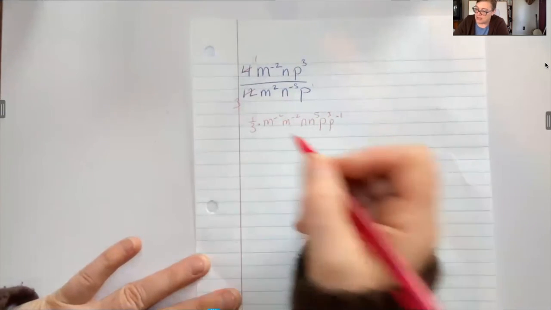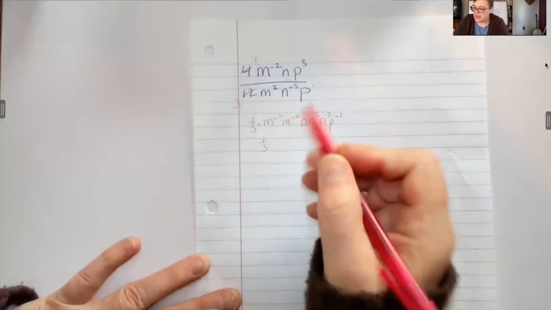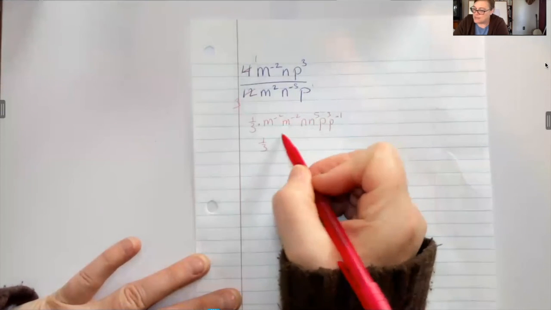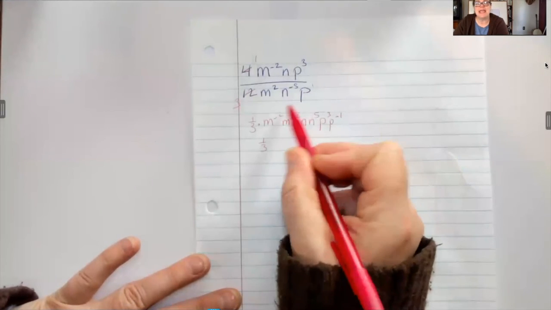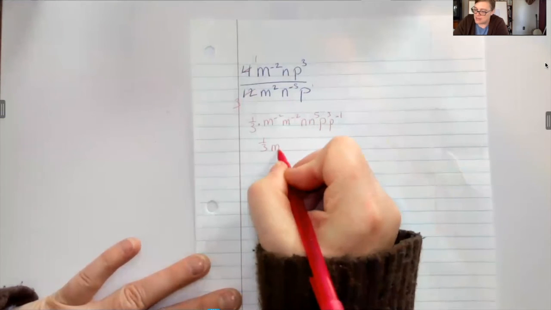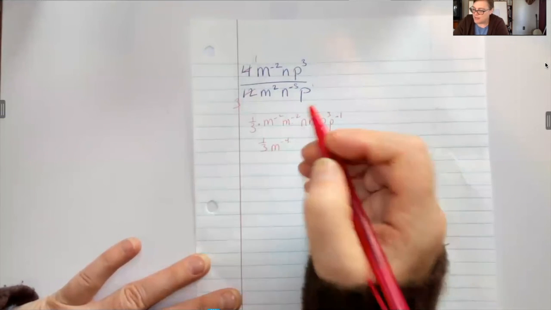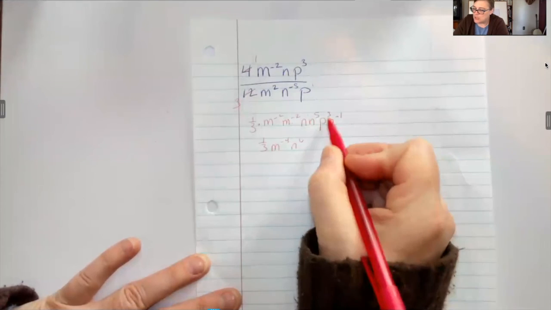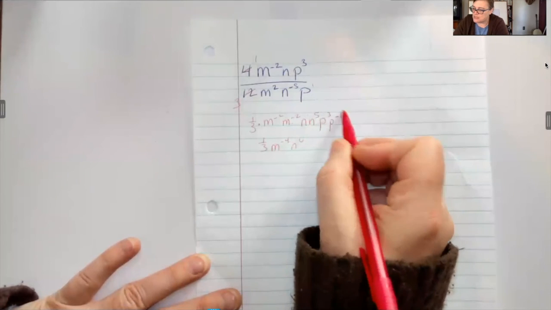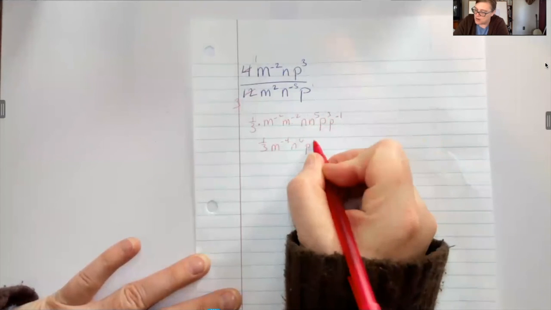And so combining my terms, I have 1/3. And then m to the negative 2 times m to the negative 2 means I'm adding my exponents. So that becomes m to the negative 4. I have n to the 1 times n to the 5th, and that becomes n to the 6th. P cubed times p to the negative 1 exponent, so that's 3 minus 1 for p squared.